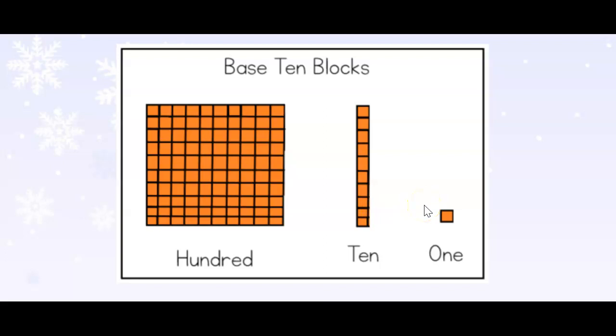One strategy is the base 10 block strategy, where we have ones cubes, tens rods, and hundreds squares. Remember, a tens rod has 10 ones cubes in it, and a hundred square has 100 ones cubes in it, or 10 tens rods. Remember, 10 is that magic number.